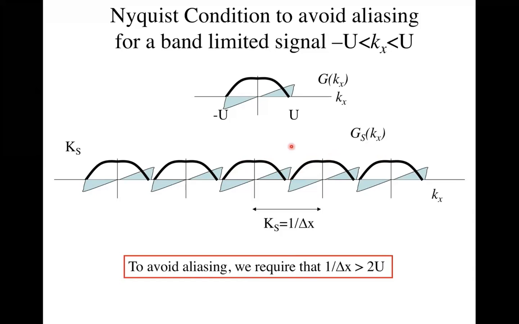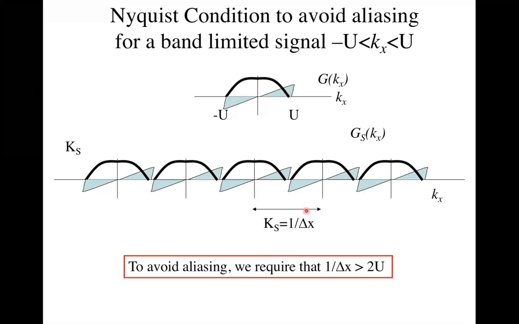And so we can actually write down a very simple criterion. If this is our total bandwidth, let's say we want to sample out to 2 cycles per millimeter, which is our highest spatial frequency that we know is in our object. Then the total bandwidth I have to worry about is -2 to 2 cycles per millimeter, or 4 cycles per millimeter.